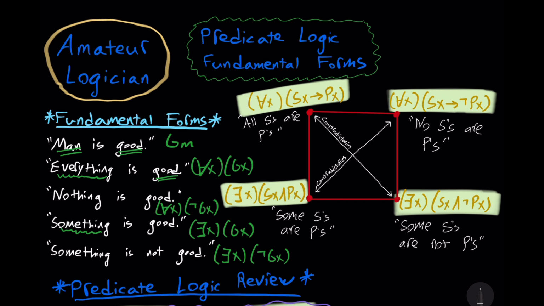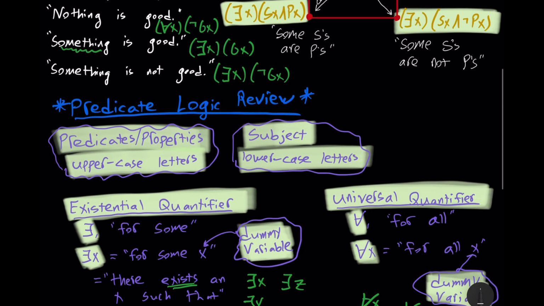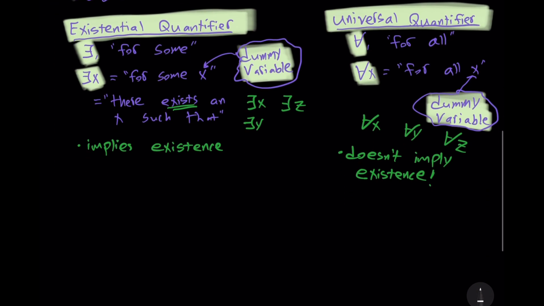Now, one thing I want to note here is that this conditional, this hypothetical in this universal proposition is very, very important. So let's compare two examples. For all x, Mx and Rx.